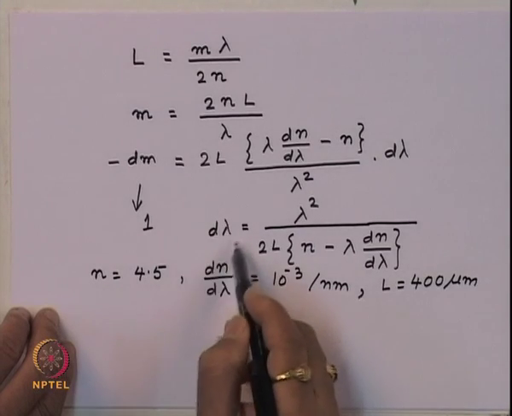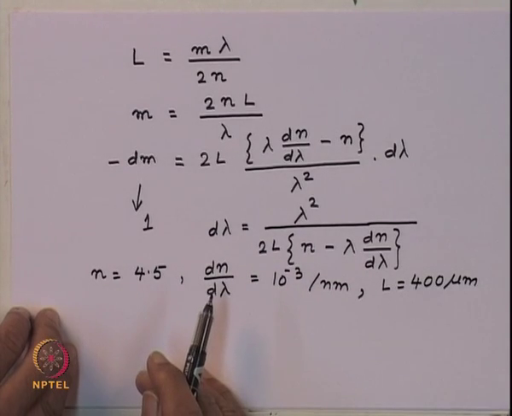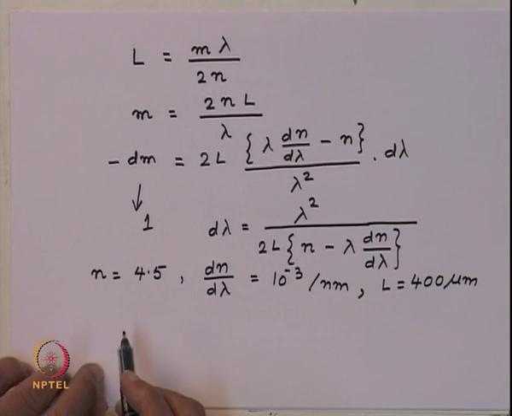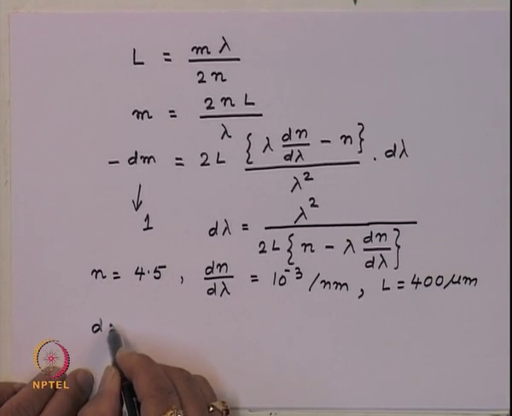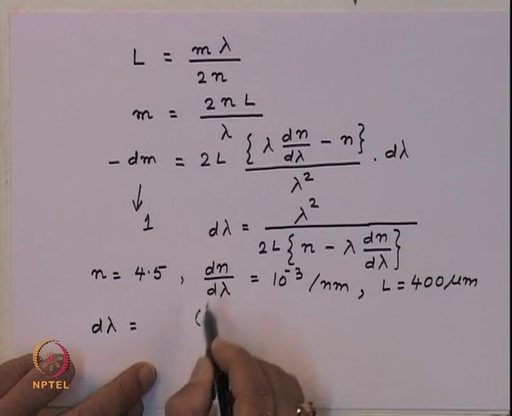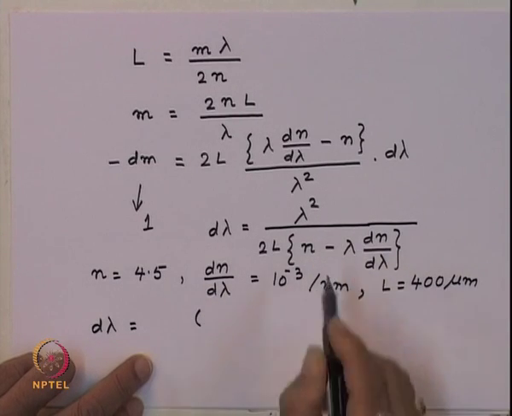So, all the parameters are known now. So, we can find out the corresponding quantity, delta lambda, which is the separation between the two adjacent modes. If you substitute into this, you get d lambda, where lambda is 1300 nanometer.